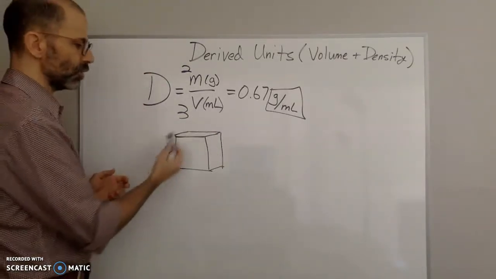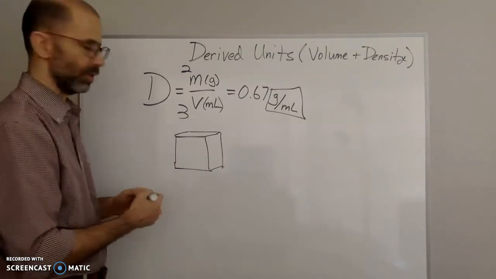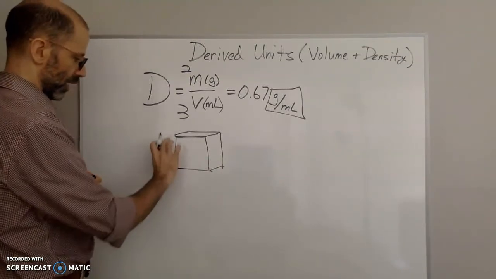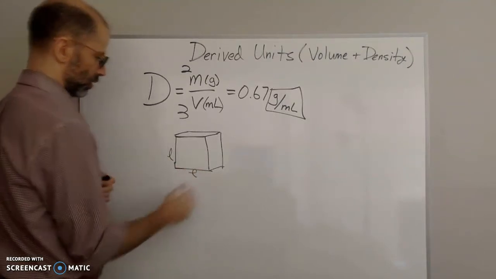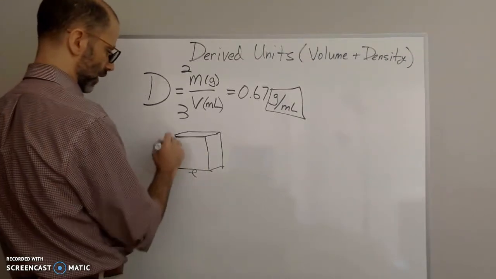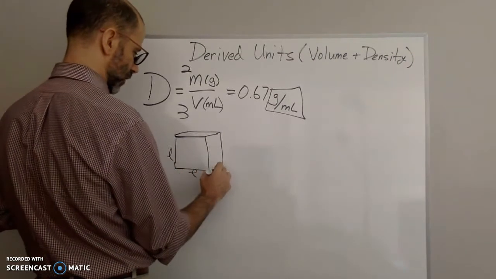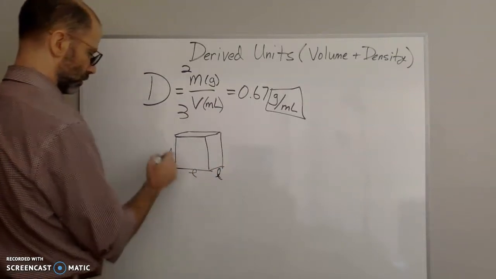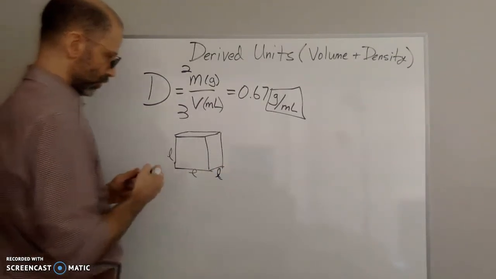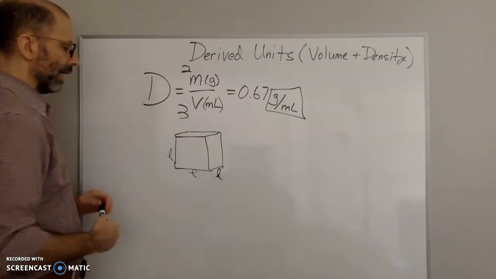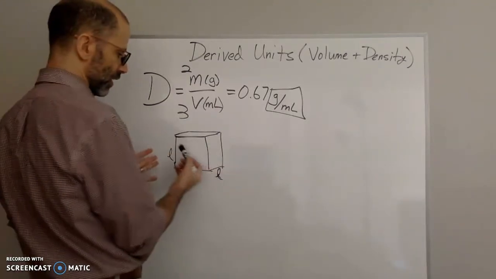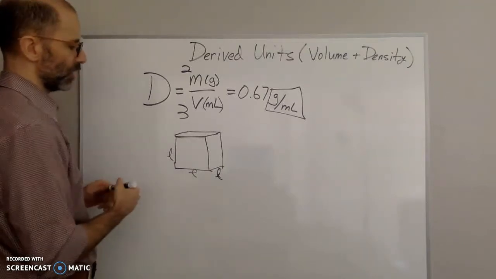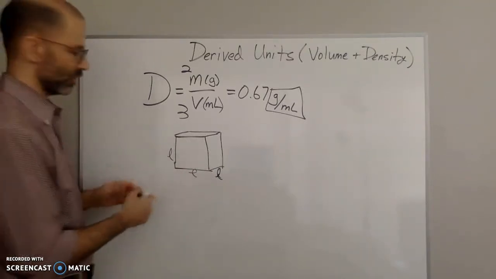If I'm going to measure the volume of this cube, then I'm going to measure the length, the width, and the height. So L for all 3 of those. And then if it's a cube, then they're going to be equal size. But if it's not a cube, then it's not going to be equal size. They're going to be different.